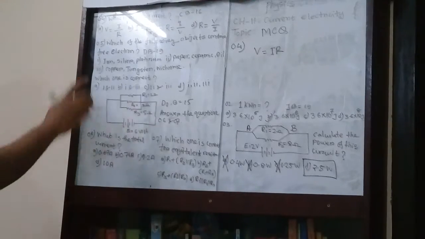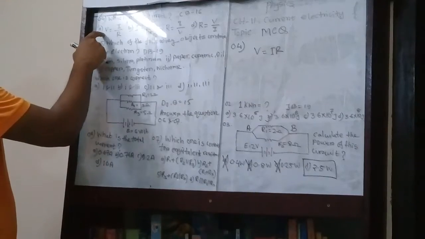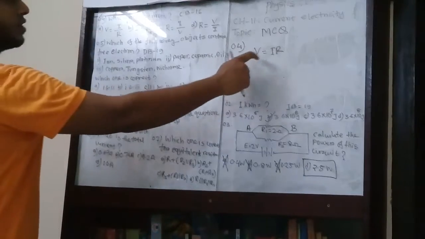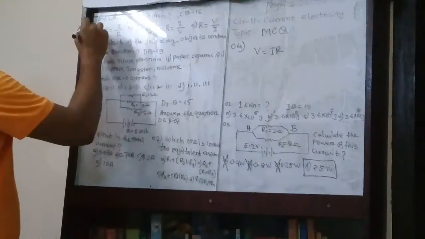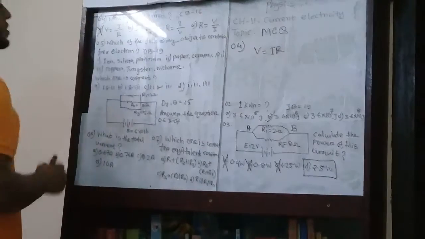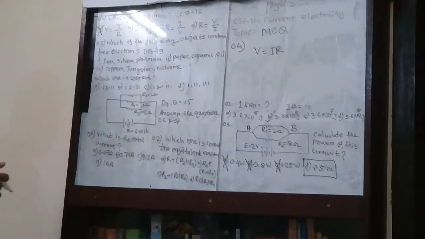So if you find V, is it I divided by R? No. V equals I R. So option A is not a correct option here.